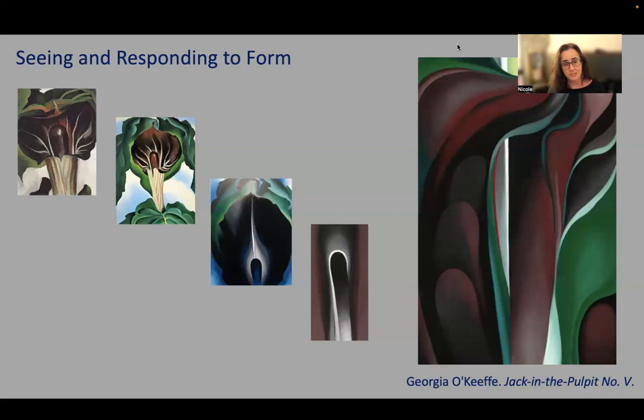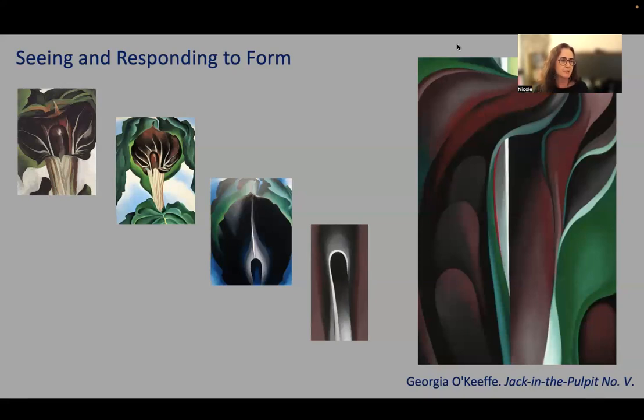So we start out with something where O'Keeffe is responding to the real form and choosing to include details of texture, the little form that's in the middle, the bulb of the flower itself, some of the greenery.